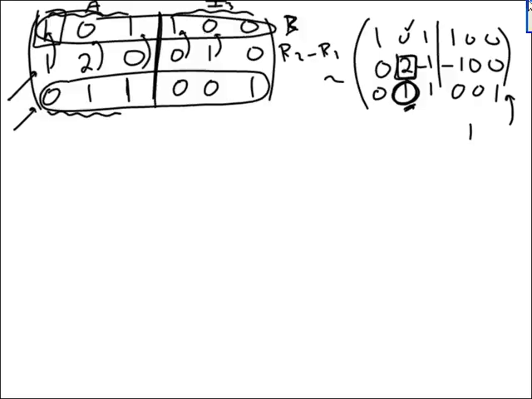Well, if I double row 3, I'll have a 2 here. And if I do nothing to row 2, I'll have a 2 here. I'll just subtract. This is telling me I'm not doing anything to row 1. I'm not doing anything to row 2.